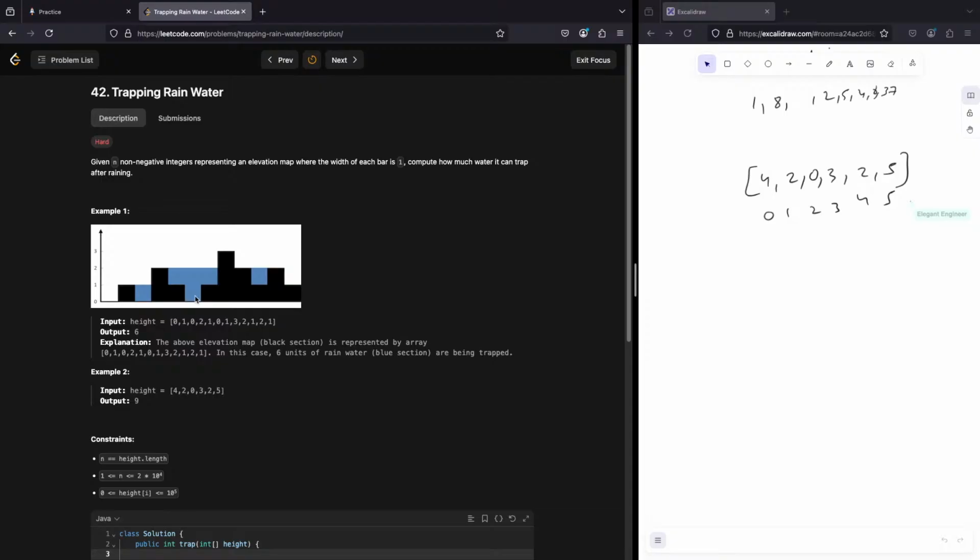The next greater for this one is also 2, so for both of them it is 2. Whatever is the next greater minus the height of this. For example, it can store 2 because the next greater is 2. Here the next greater is 1, and here the next greater is 1, but this is 0.